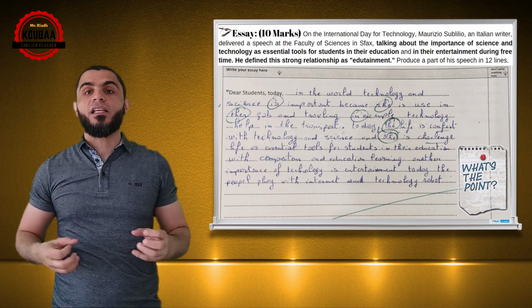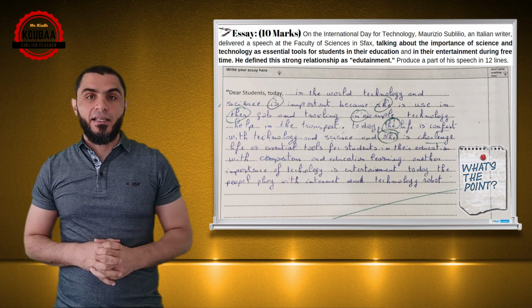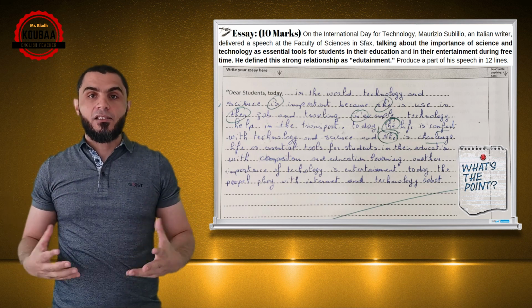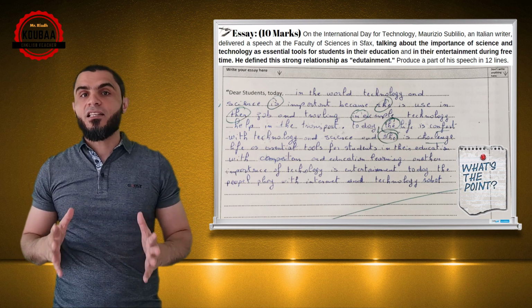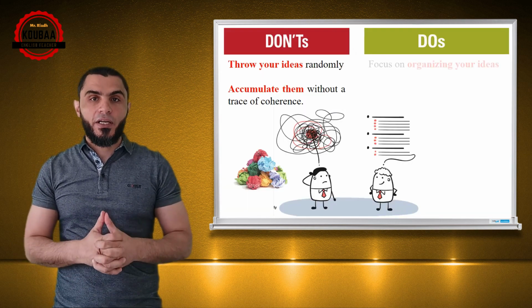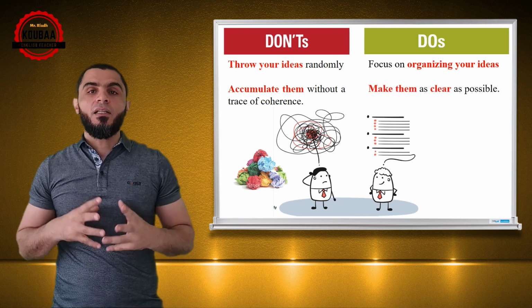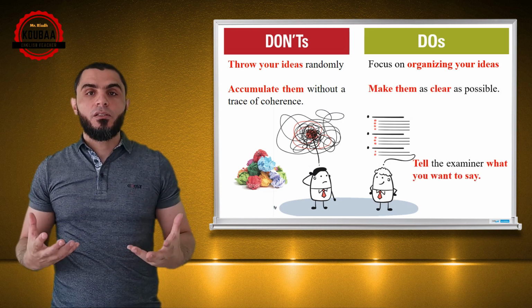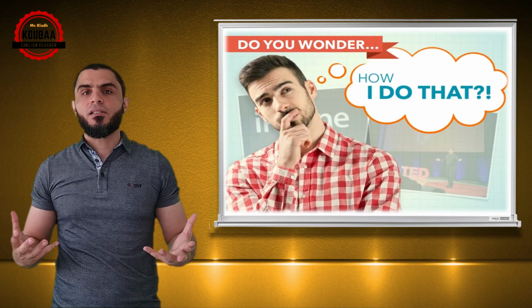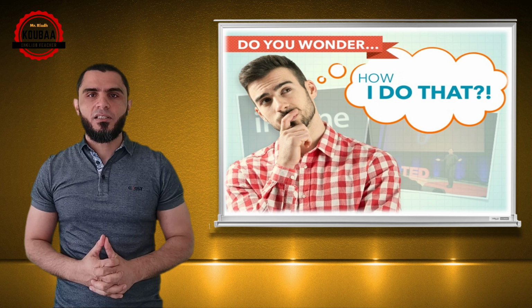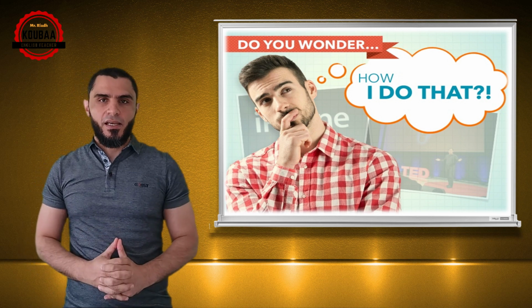We feel that the student is just throwing their ideas randomly and accumulating them without a trace of coherence. So my tip is focus on organizing your ideas, make them as clear as possible, tell the examiner what you want to say. But some students may ask, how do I do that? This leads me to my next point and to the next mistake.